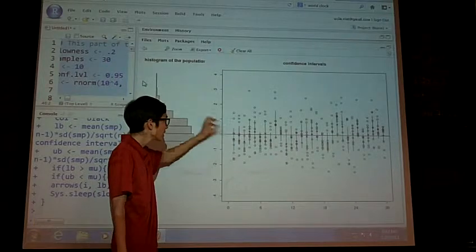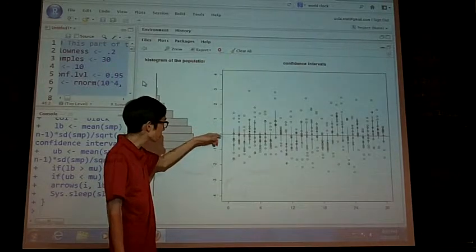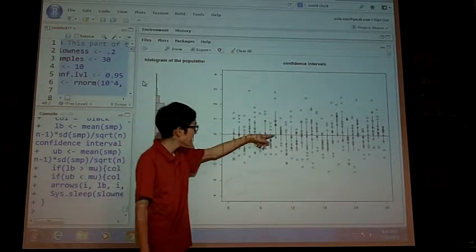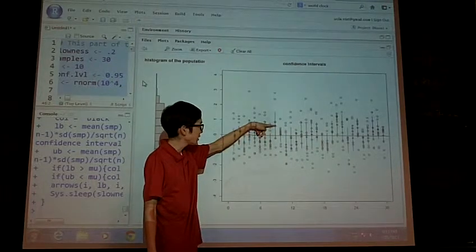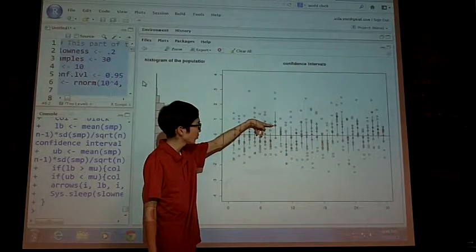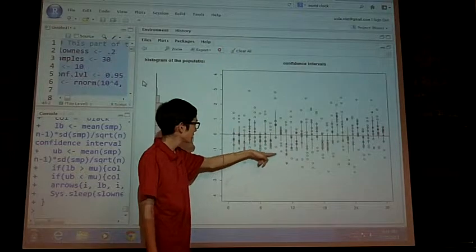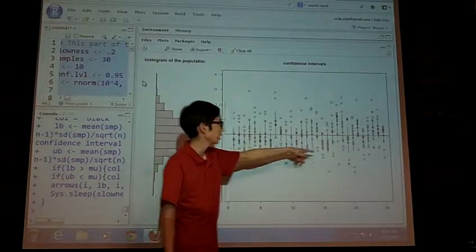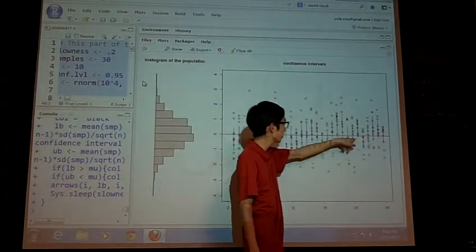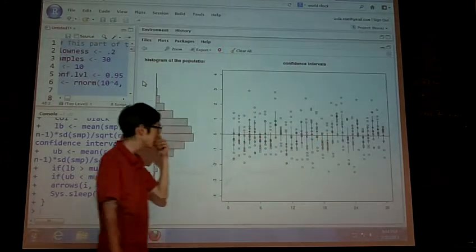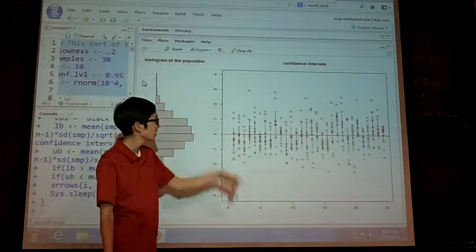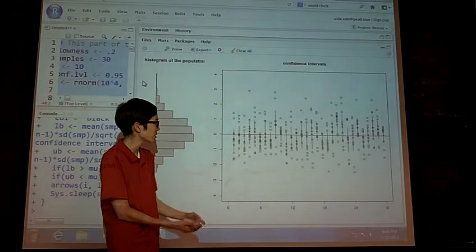So some of these we can see the sample means are much larger, and others much smaller, and a lot of the blue dots are really close to the population mean. Some can be close or far.